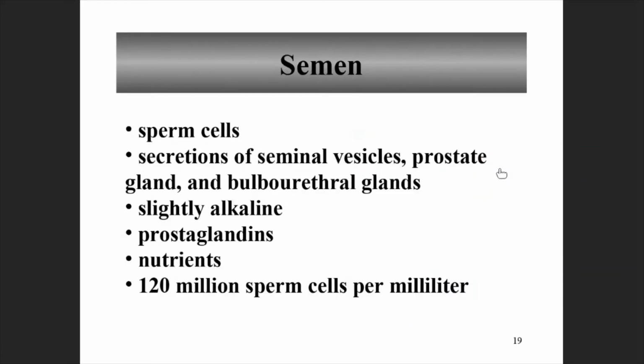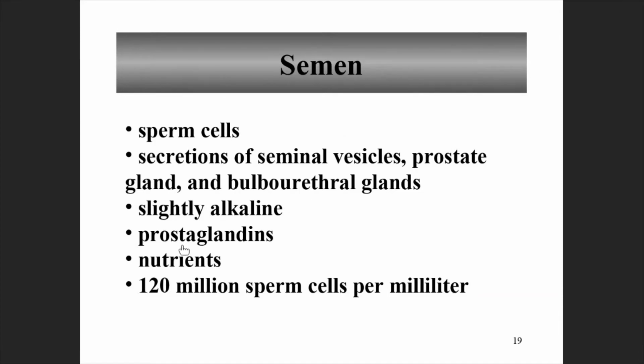Alrighty. So your semen has sperm and secretions from the seminal vesicle, prostate gland, and urethral gland, also known as the Cowper gland, which usually secretes a lubrication kind of fluid.